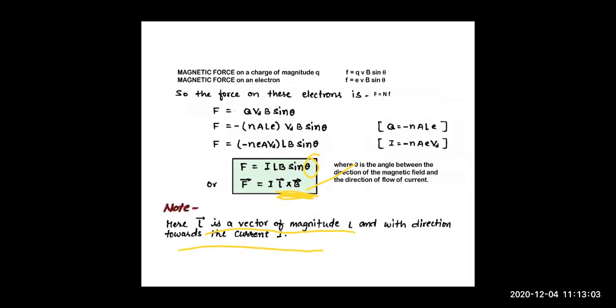This is the formula for the force on a current carrying conductor or wire when it is placed in magnetic field. That is vector F equals to I bracket vector L cross vector B, or you can write it as F equals to ILB sine theta.